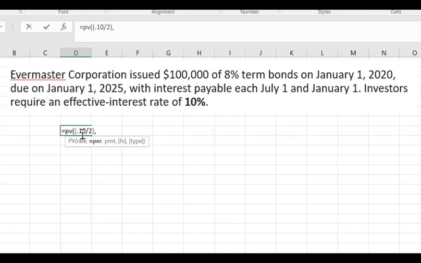The number of periods: this is a 5-year bond with interest paid semi-annually, so 5 times 2, or 10 interest periods. Payment: what is the bond going to pay each time a payment is going to be made? 100,000 times 0.08 times 6 out of 12.